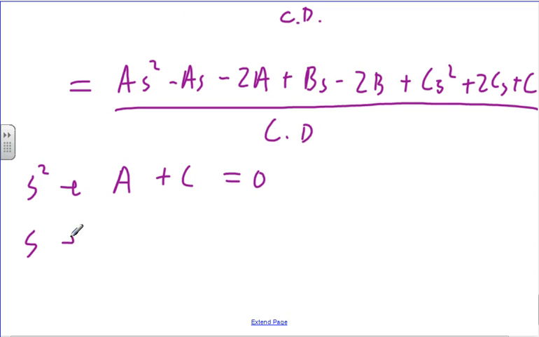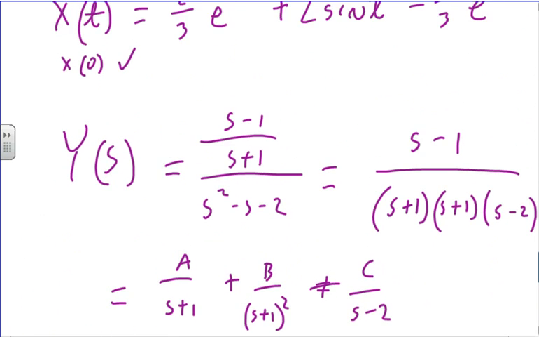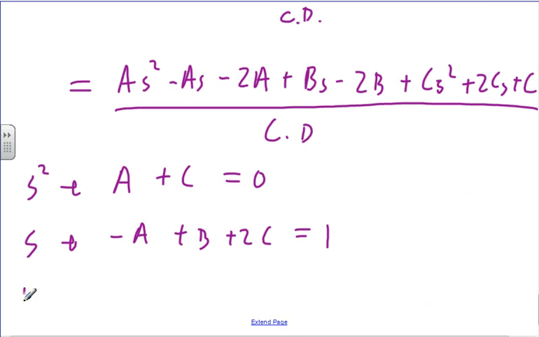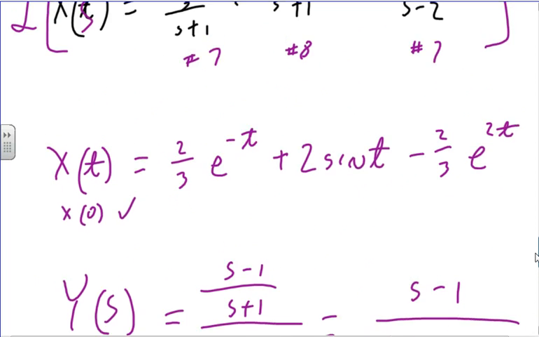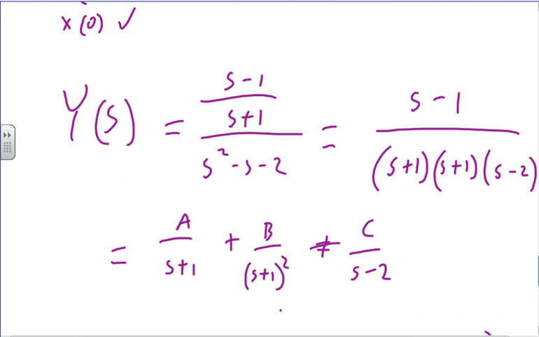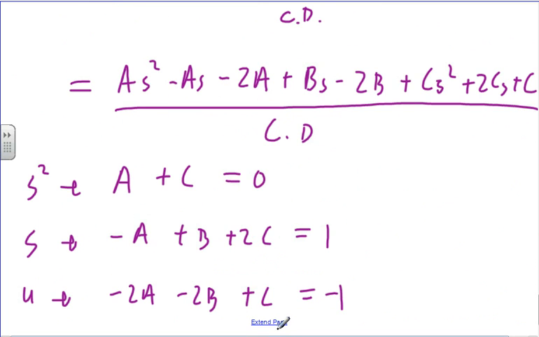I look at my s term, I find minus a plus b plus 2c is equal to 1. I look at the unit term, minus 2a minus 2b plus c is equal to minus 1. Where is it? Minus 1 right there. Okay, well, that seems reasonable. Is that reasonable?